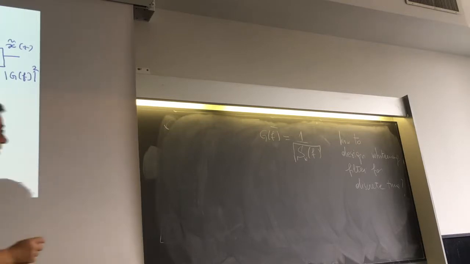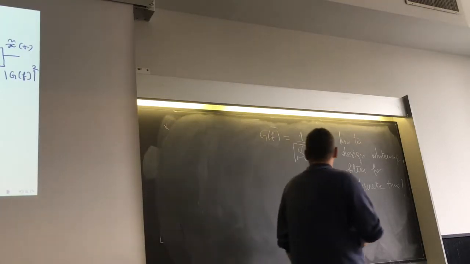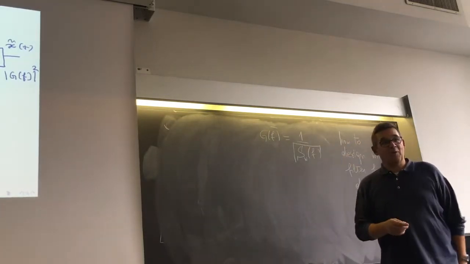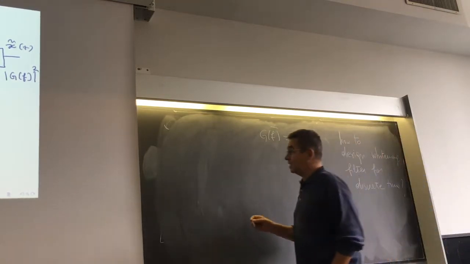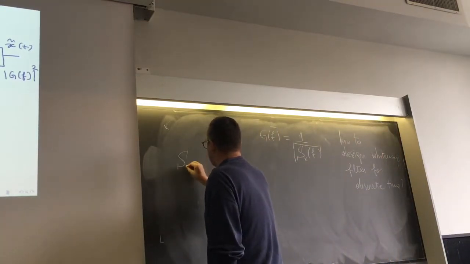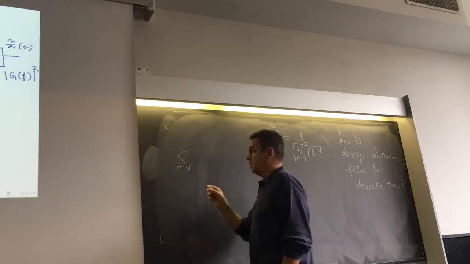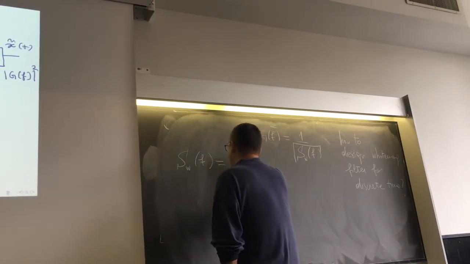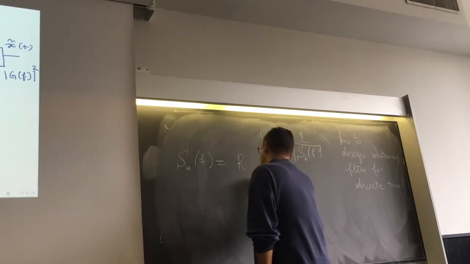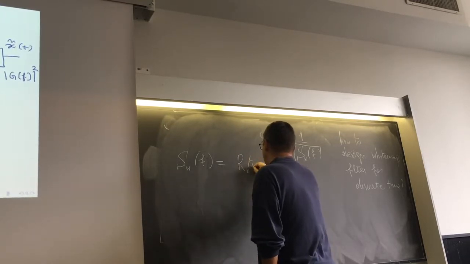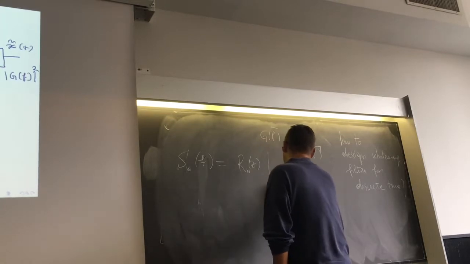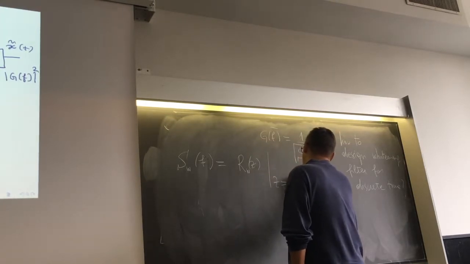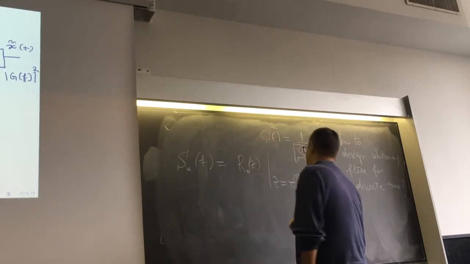You see anyway. Okay. So, how do you make the power spectral density? Well, for discrete time, the power spectral density for whatever process is obtained by the Z transform of the autocorrelation calculated for Z equal e^(j2πf). Okay?